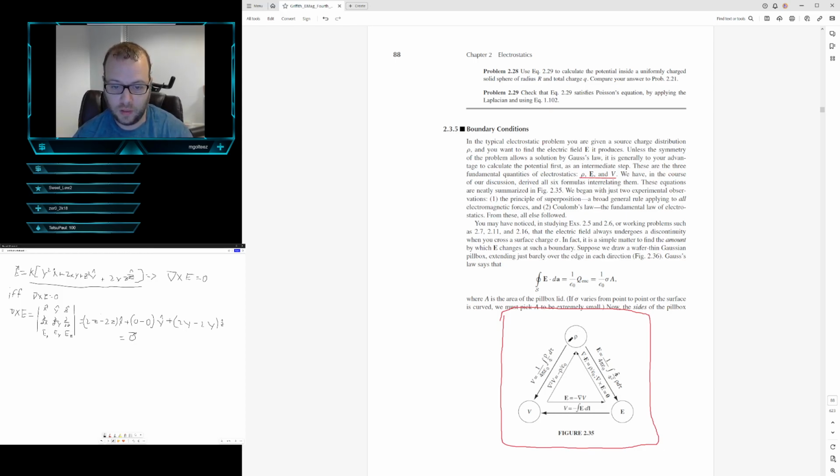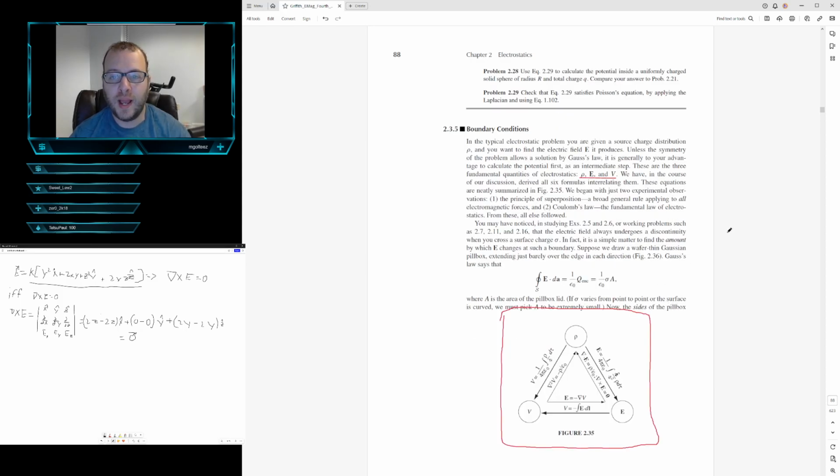So if we have our charge distribution, we simply apply our potential equation for the potential, or we apply our electric field equation for the electric field. If we have our electric field, we calculate its divergence to get its charge distribution. We use Gauss's law. And if we have our potential, we can just take the gradient and find our field, or we solve Poisson's equation.